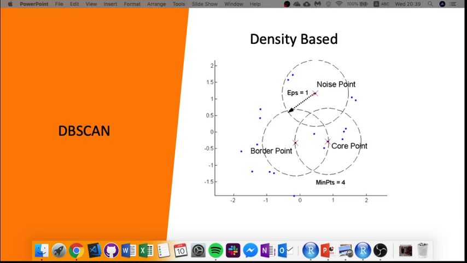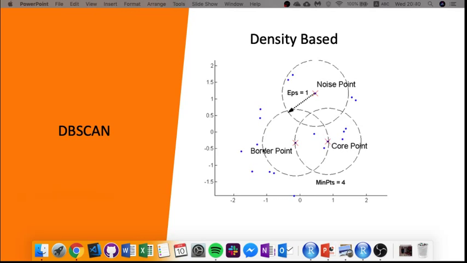That neighborhood is defined by the EPS, which as we can see is 1. The second category is border points, and those are the ones that are right at the border of a core point and are not core points themselves.